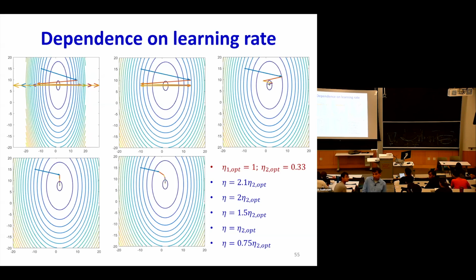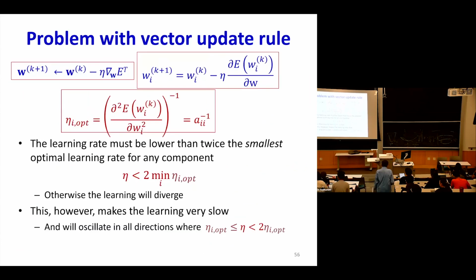So what is a good function here? A good function is one that has the same curvature along every direction, right? So the way you can quantify it is that you want eta, the step size for it to work, to be less than twice the smallest optimal step size, right?